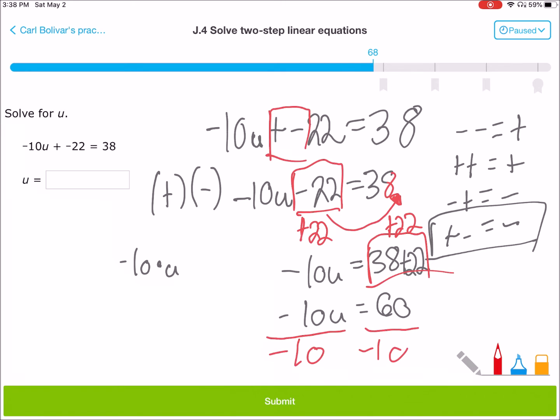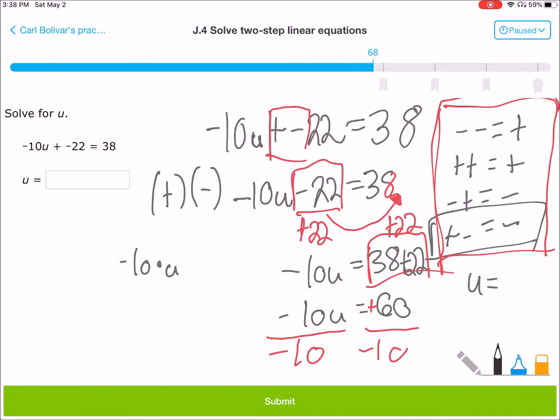And this will give us u is equal to, remember the rule, this rule right here, when they multiply or divide each other, these are the symbols. Well, there is a positive in front of that 60. So there's a negative and a positive, and the resulting symbol would become a negative.